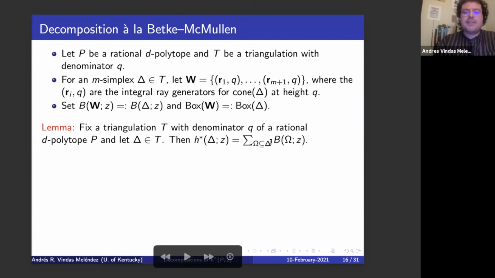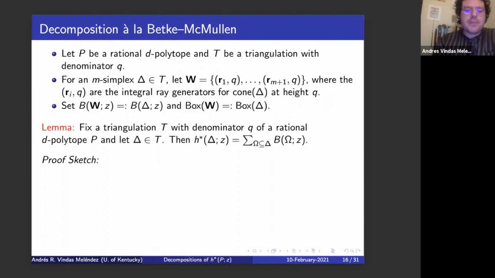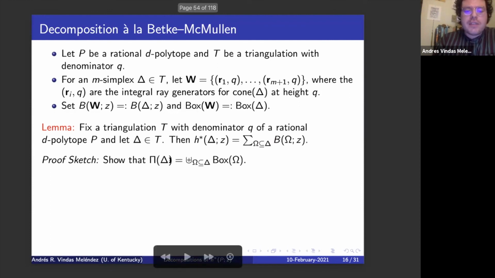Let me show you the sketch, and maybe it'll make clear what I mean. First, we want to show that the fundamental parallelepiped of the simplex is the union of the boxes of all subsimplices.